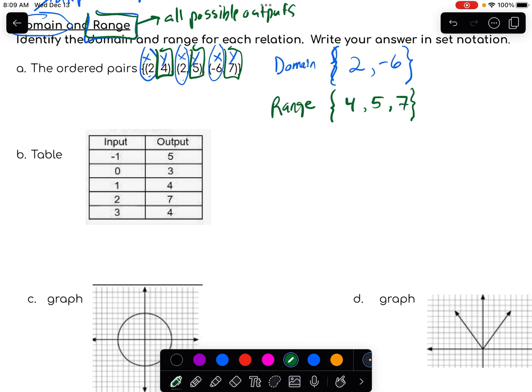All right, so let's take a look at the table. So all of the possible inputs, here they are. So we can represent the domain with those values. So -1, 0, 1, 2, and 3. And then the range is all the possible outputs.